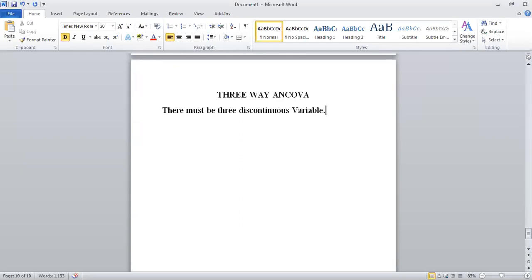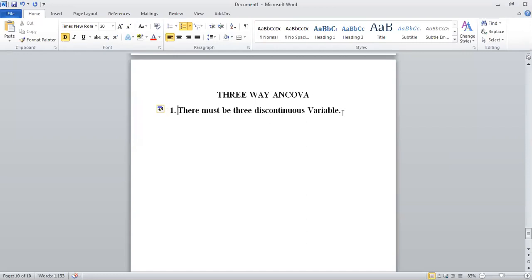When you have one-way ANCOVA, there was one discontinuous variable. When it was two-way ANCOVA, there were two discontinuous variables. And now when I say three-way ANCOVA, there must be three discontinuous variables. This is the first important thing that you should know.